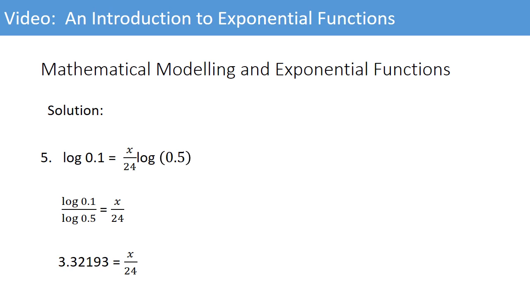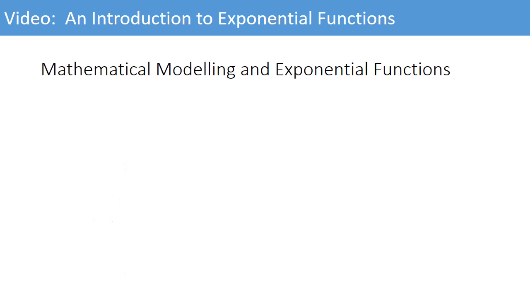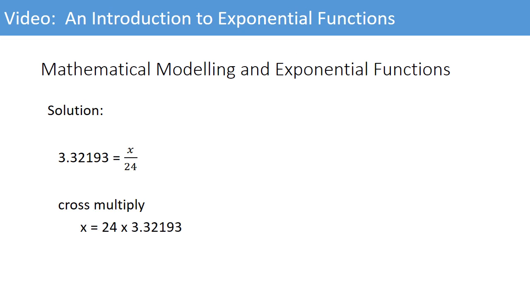On your calculator, take the log of 0.1, divide by the log of 0.5. This is going to equal x divided by 24. So 3.32193 is equal to x divided by 24. Your next step, cross multiply.